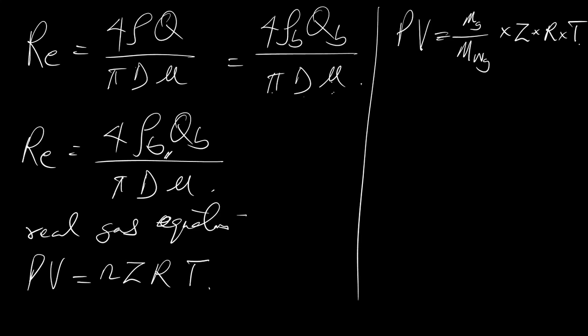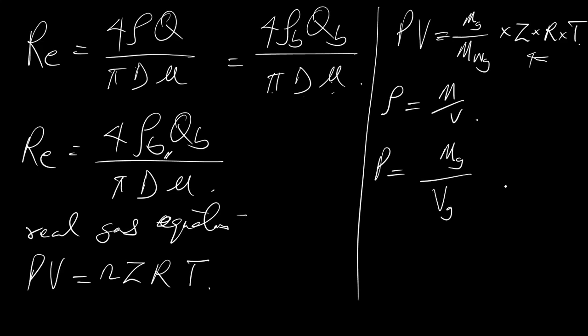So we also know that density is equal to mass over volume. Now, from this equation, dividing both sides by volume, you have pressure equal to the mass of gas divided by the volume of gas, divided by the molecular weight of the gas, times Z times the gas constant times temperature.